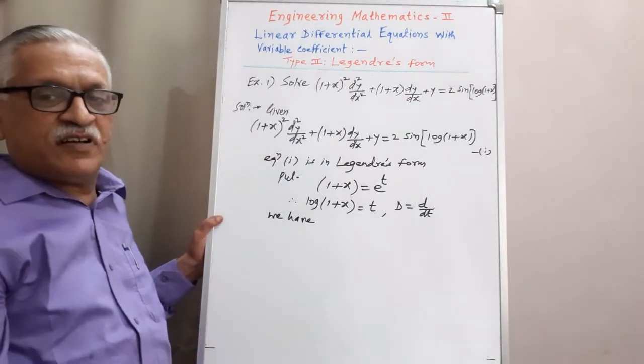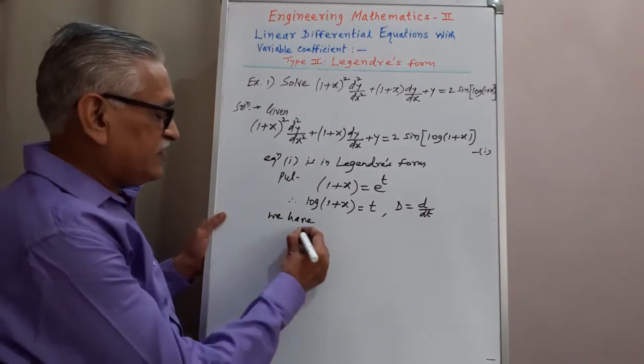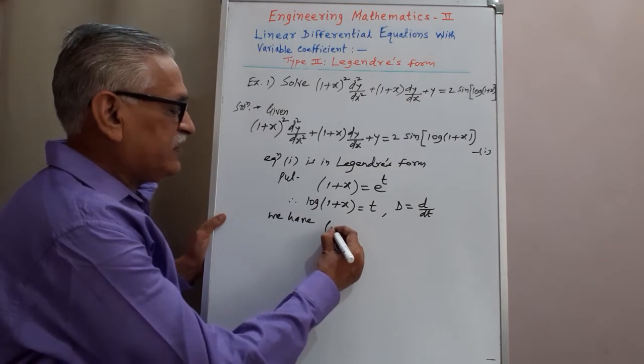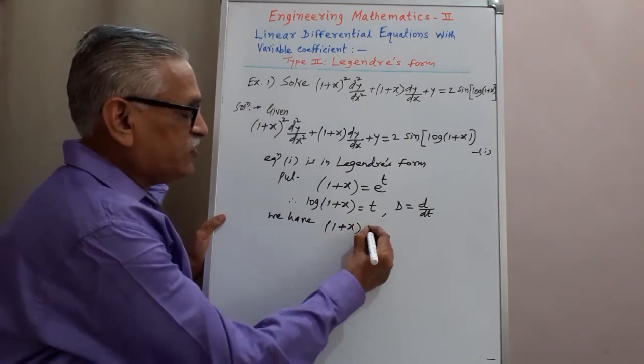As per the technique I discussed earlier, we have ax plus b into dy by dx. Here ax plus b means 1 plus x into dy by dx.